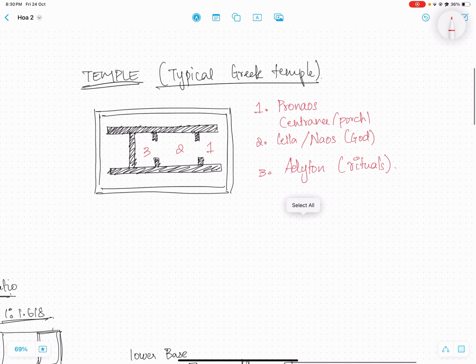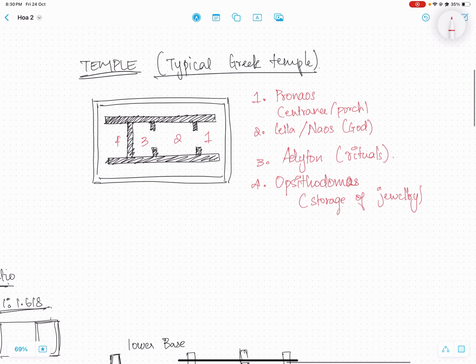And the Greeks were also considered to have a lot of cultic rituals, so they used the adyton for that. Fourth is opisthodomus, which was used for storage of jewelry, gems and other such stuff.